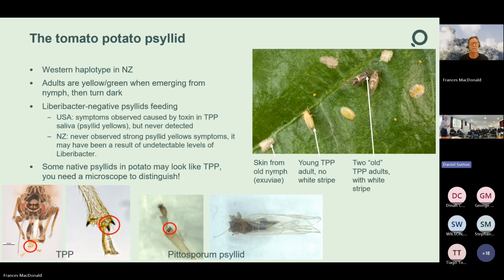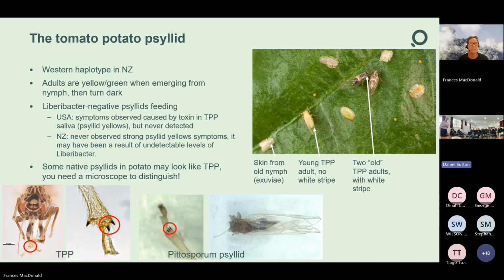And then we have native psyllids as well, which is really nice. But there is one that looks like TPP, and it is one that always comes in Canterbury, I must say, always earlier than TPP itself. Can you click, Francis? You cannot just look and go, oh yeah, that's the other one, because they're so lookalike. The only difference is, and you can see it here, on the left-hand side is a psyllid with its legs hanging down, and there is something towards the end of the leg, we call them spurs.